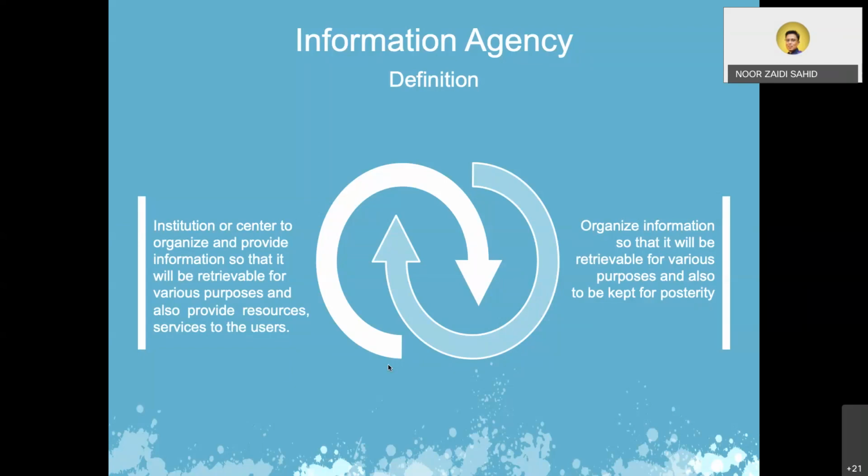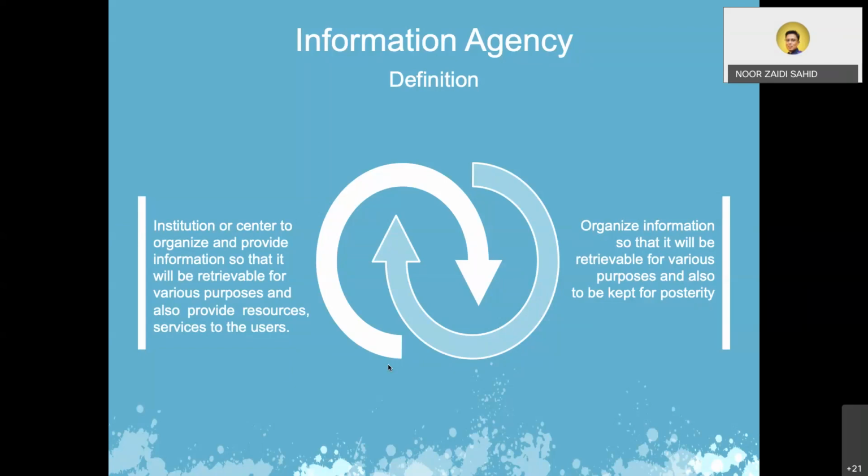Bila kita kata maklumat disimpan oleh mana-mana agensi or institution, at the same time, we know that information has value in terms of maybe information as a commodity, maknanya ada financial or monetary value.